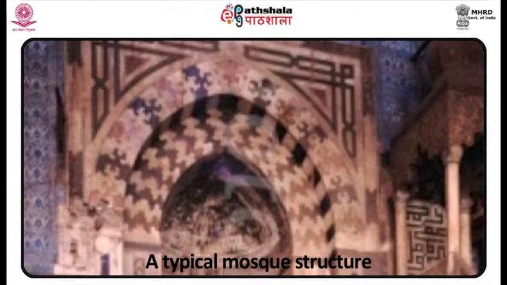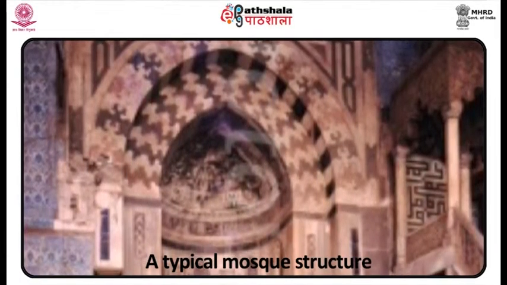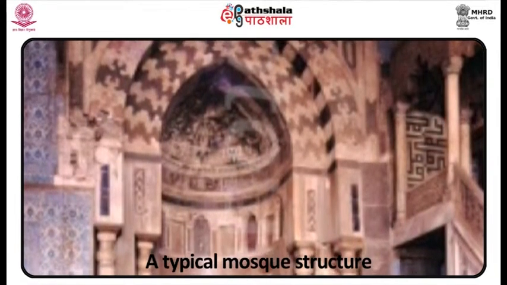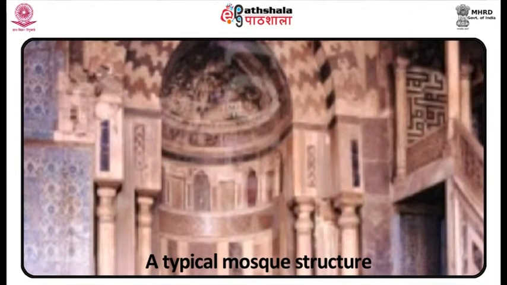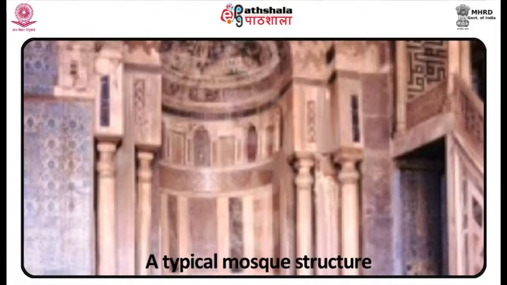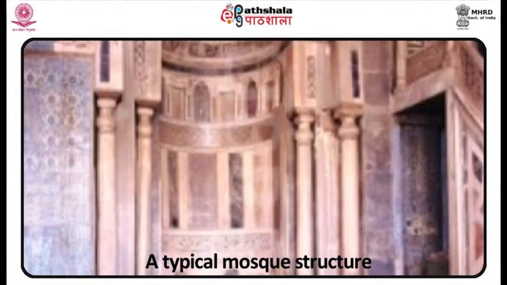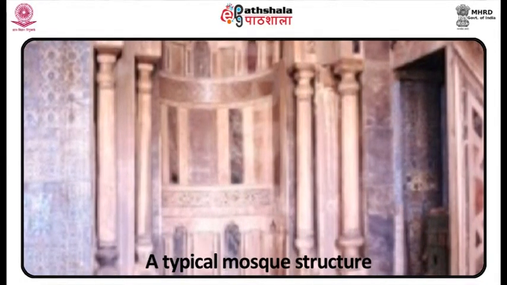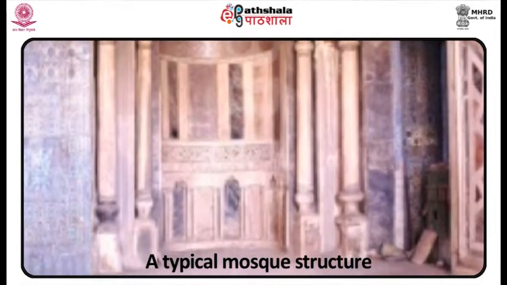It is where the Muslims pray kneeling and facing Mecca. The main features that all mosques have in common are a sahn or enclosed courtyard and a qibla or prayer wall. The qibla frequently has a mihrab, a small niche, set into it, indicating the direction of Mecca.